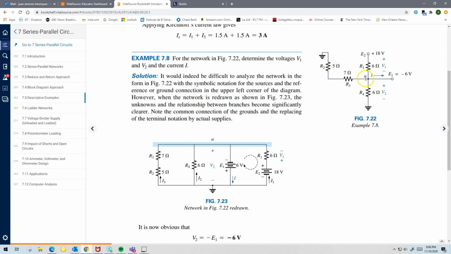So you notice here that this resistor, this source, and this resistor are all connected to a single node A. You don't need to, but if it helps you visualize the problem better, you can redraw the circuit to look like this. This is similar to what you will have on a protoboard. You will connect one side of R3 to A, and if you follow, it's the same thing.